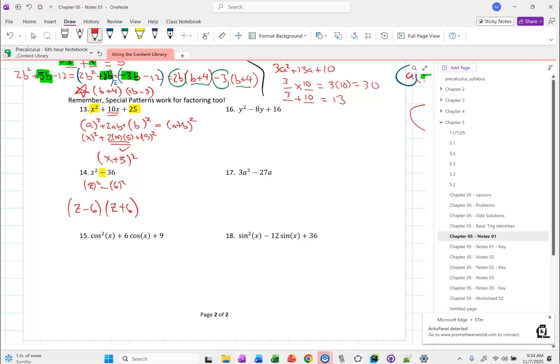Right? That's my difference of 2 squares factoring pattern. a squared minus b squared equals (a + b) times (a - b). Hopefully that's one you still have memorized from Algebra 2, because boy howdy, that's helpful, right? Happens a lot. Super helpful, easy to remember.